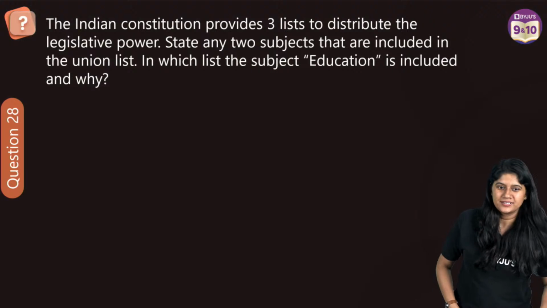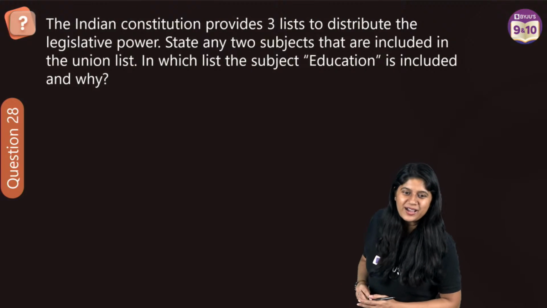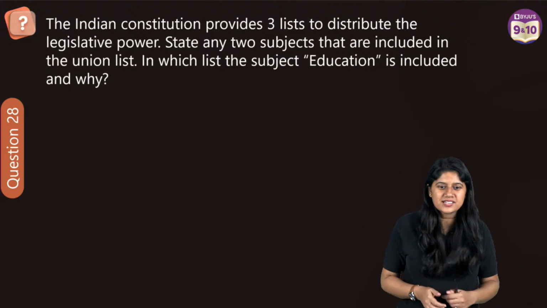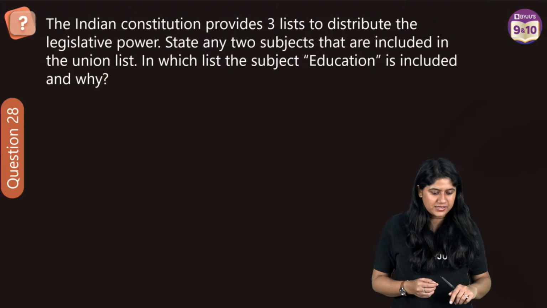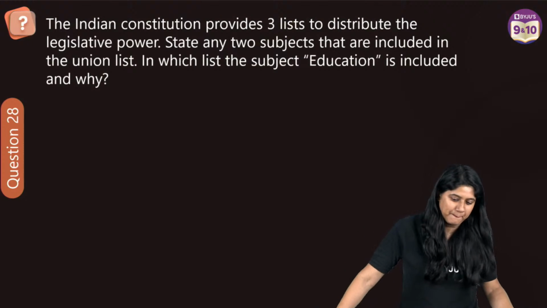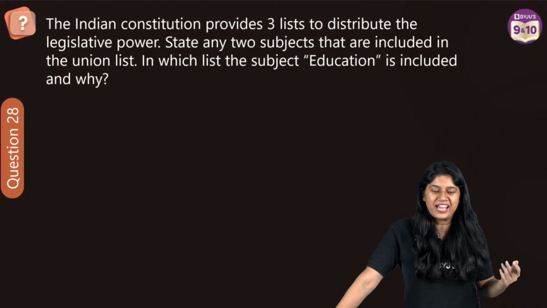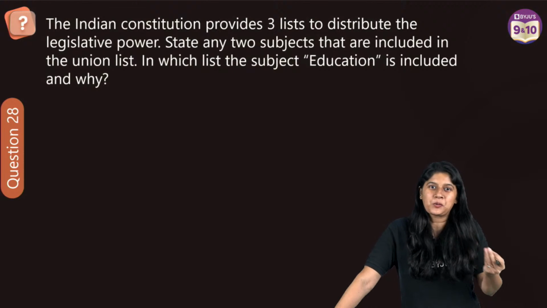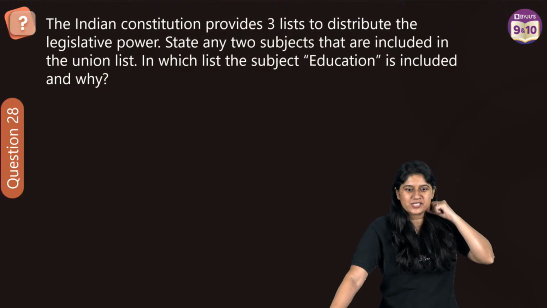Yes, everyone. Let's take a look. Good evening. Yes, it's a question from political science. We have three major hints in the question itself, and that will help us solve this question.